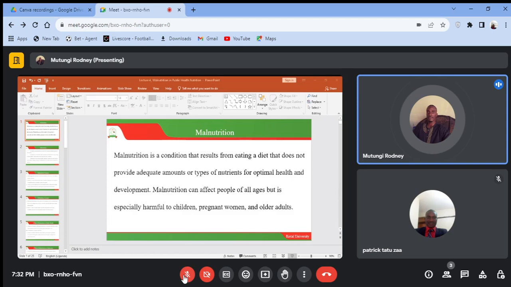Then dietary diversity, to increase the variety of foods that people are eating so that they can gain from each nutrient group. Then hygiene is also very essential in nutrition, and then micronutrient deficiencies. So these are the topics that we always look at when we are doing nutrition education.